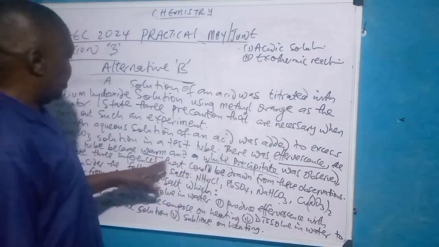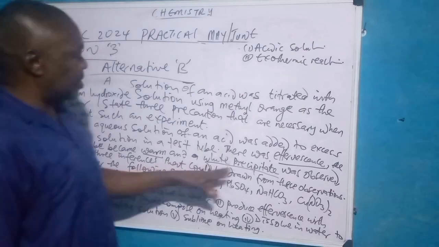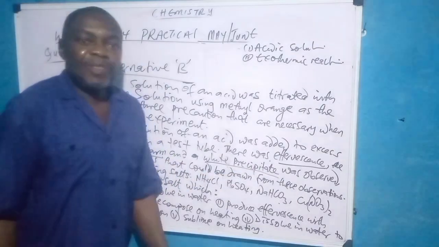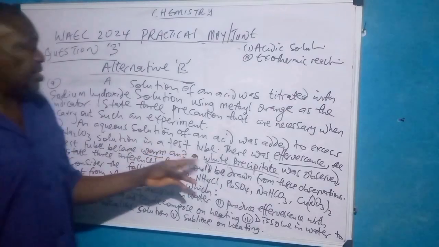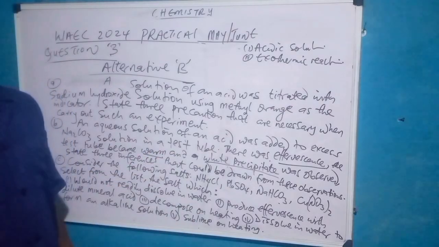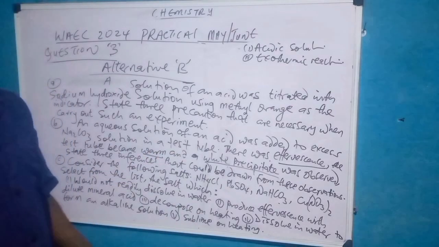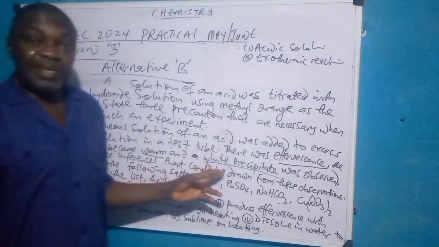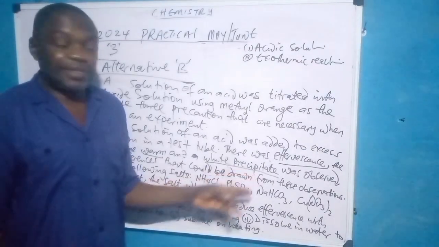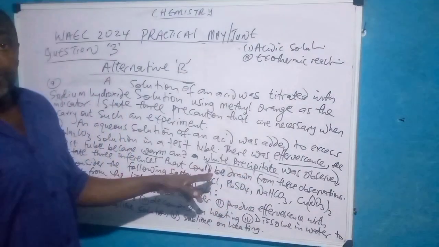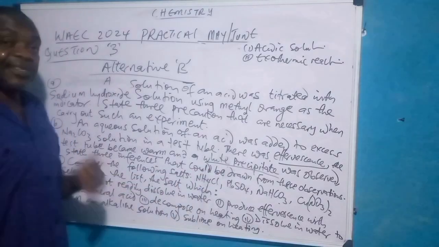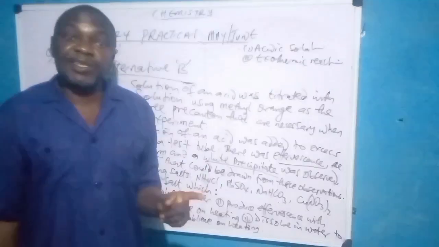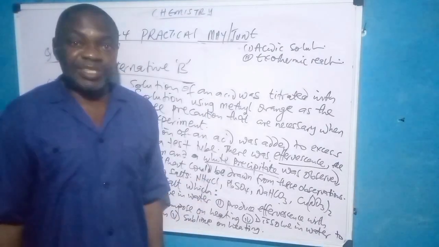Then the last one is that a white precipitate was formed. Remember, the salt that can bring about a white precipitate can be zinc, can be aluminium. Those metallic salts are able to produce white precipitate. So the answer to this one is zinc, aluminium. Sometimes calcium can also produce it. If the salt is zinc, they produce a white gelatinous precipitate.